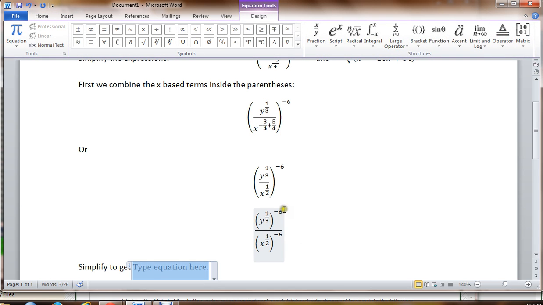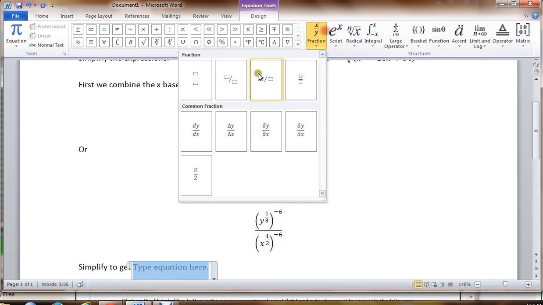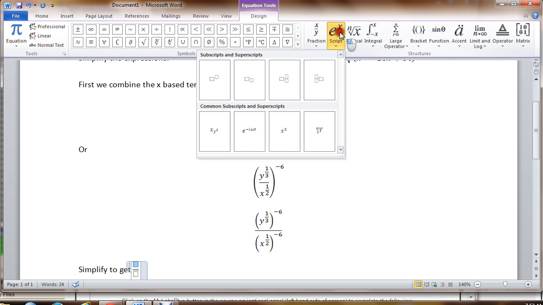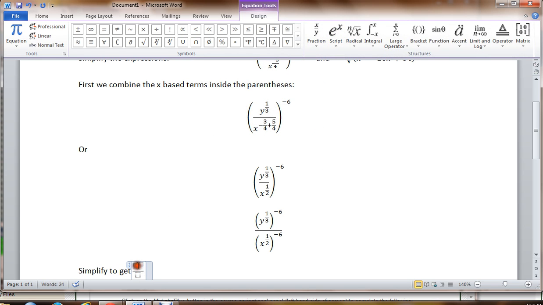So I multiply the 1/3 times the -6 to get -2. And in the denominator, I put the x to the 1/2. 1/2 times -6 would be -3.